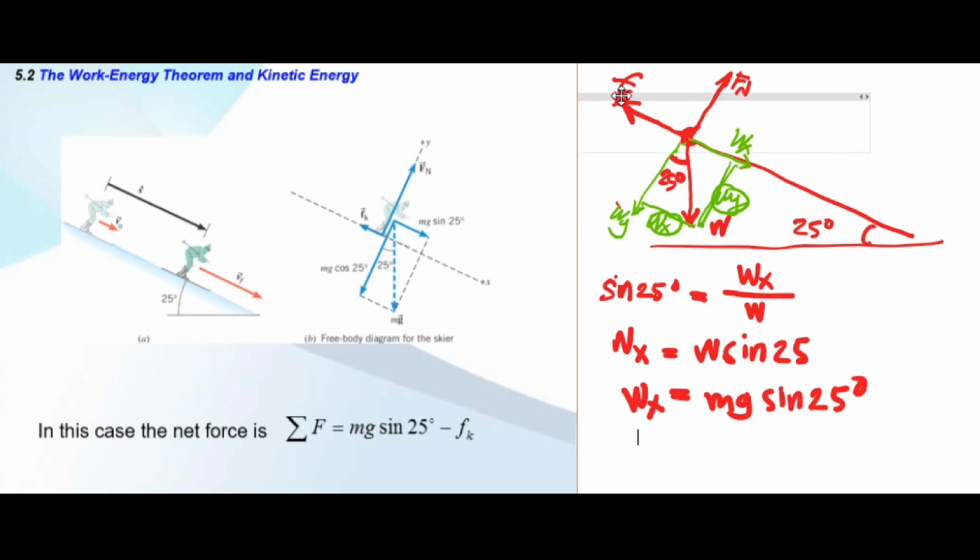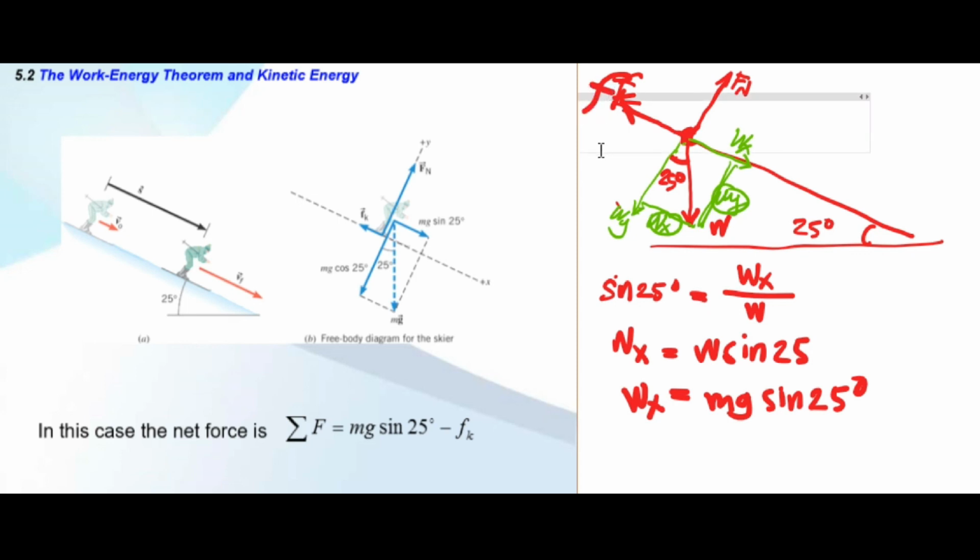This is not static frictional force, but kinetic frictional force Fk, because the skier is moving.